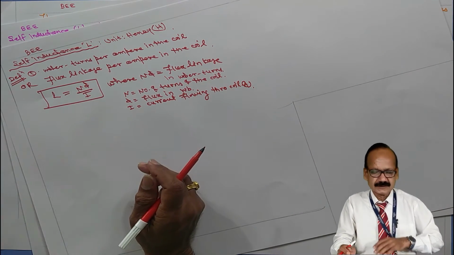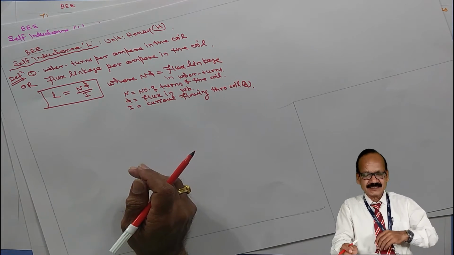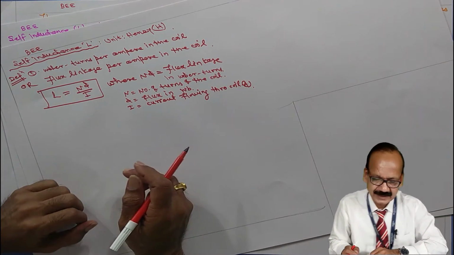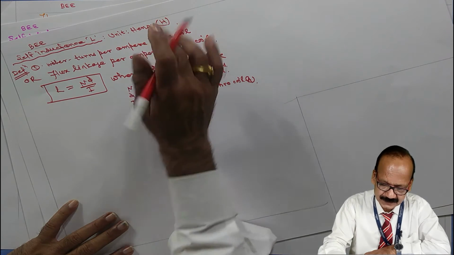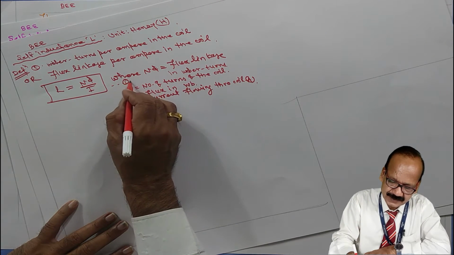So the self-inductance L equal to N phi upon I, its unit is Henry and denoted by capital H. So this is equation 1.